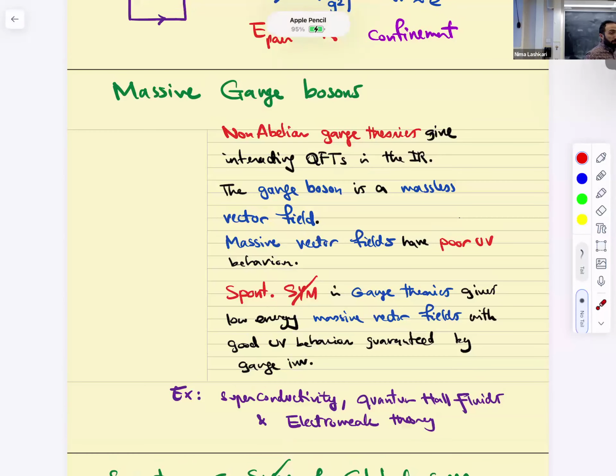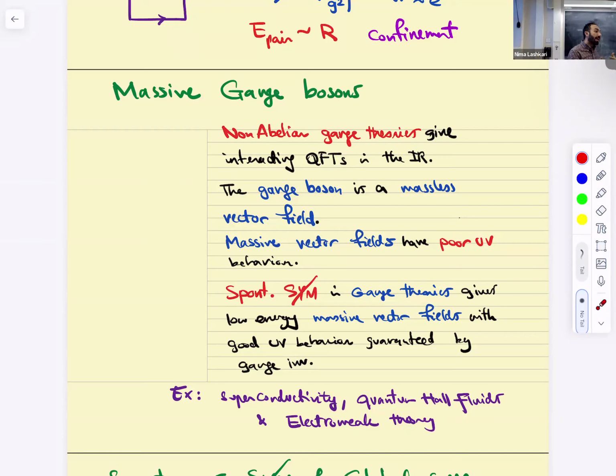So far, we've talked about scalar field theory, where you could give masses, that's perfectly fine. We naturally described interacting theories where the excitations were massless vector fields. Now, in nature, we see massive vector fields as well.